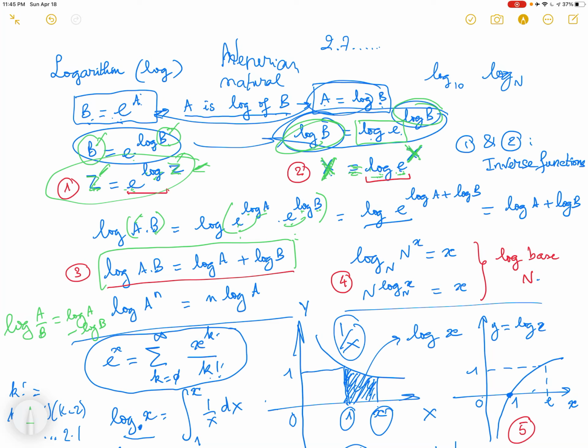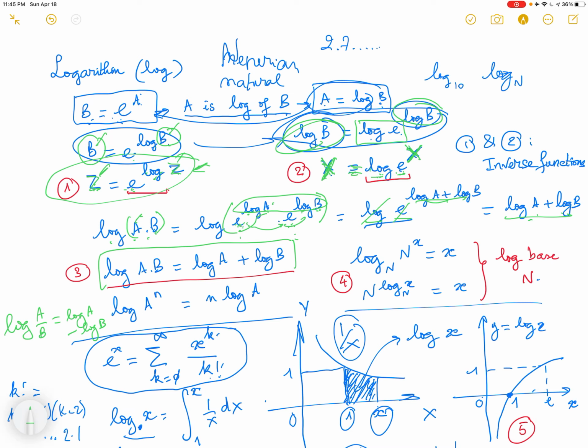Now, when you multiply two numbers together with the same base but with different powers, in this case e raised to the log a and e raised to the log b, as you have probably learned in algebra, you simply add the two exponents together. And because log of e raised to something is equal to that something, we can get rid of the log and e here, and it becomes log a plus log b.